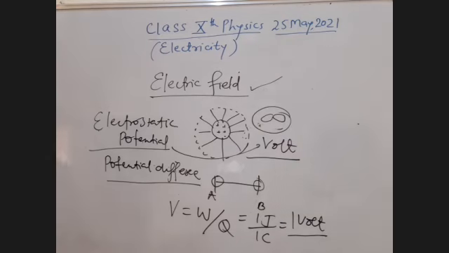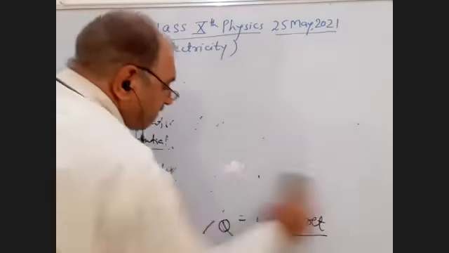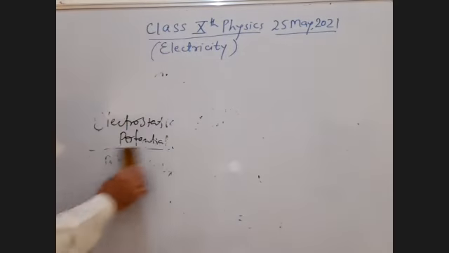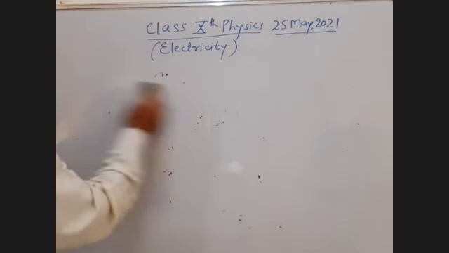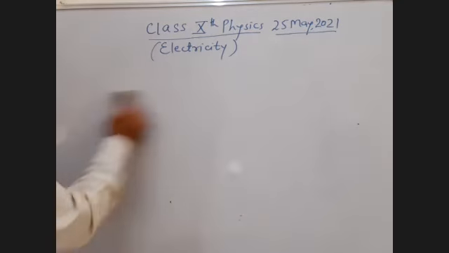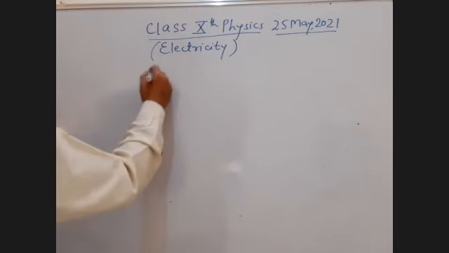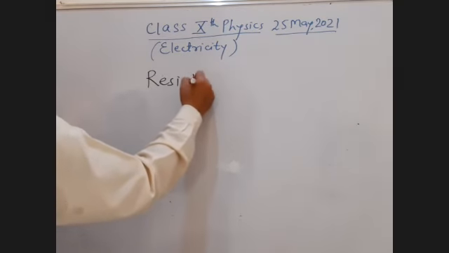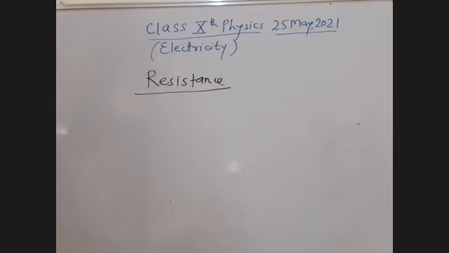Now, students, the next term which we are going to discuss is Ohm's law and resistance. Is it clear, students? Before I go to Ohm's law, I should tell you about resistance, a very, very important term.